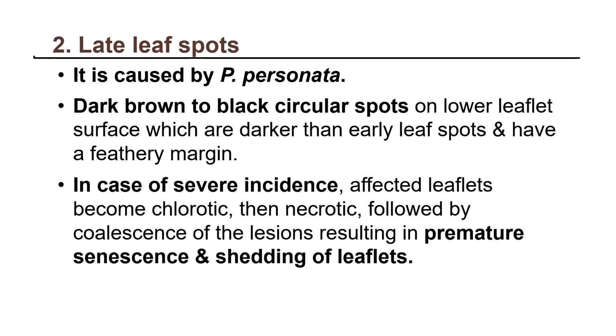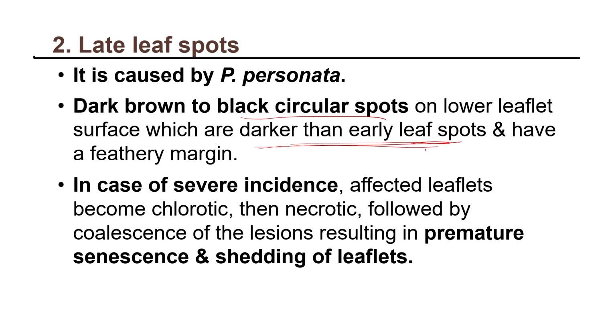Now, you see the late leaf spot. Late leaf spot is caused by P. personata, dark brown to black circular spots, almost same as in case of early leaf spot, but here you get dark brown to black circular spots on lower leaflet surface, which are darker than the early leaf spot.